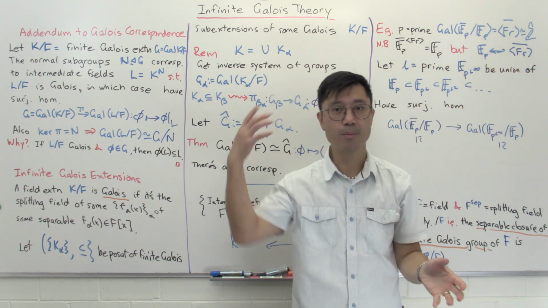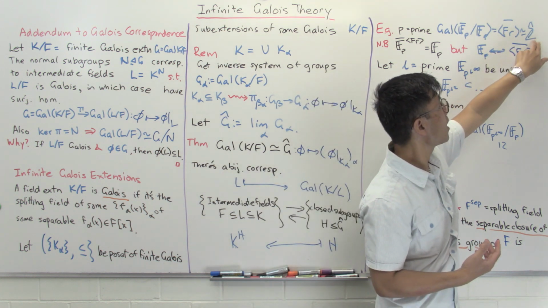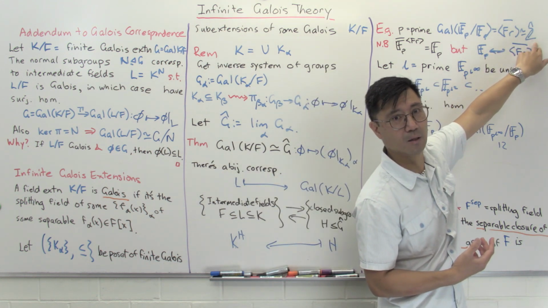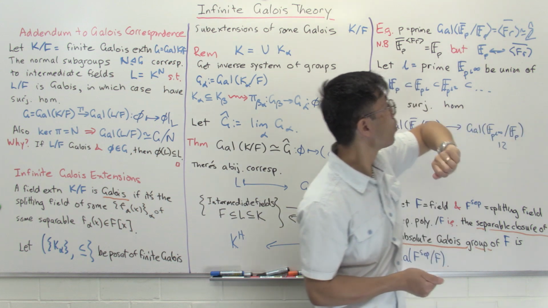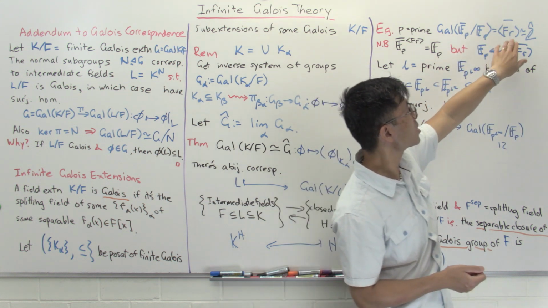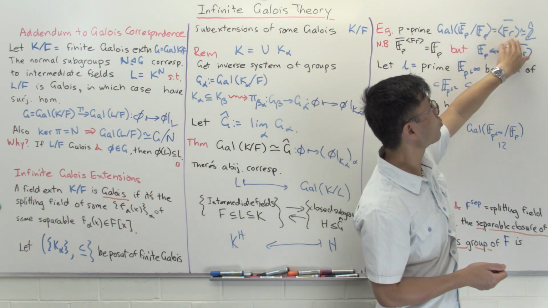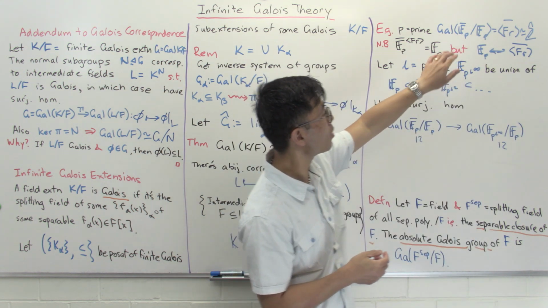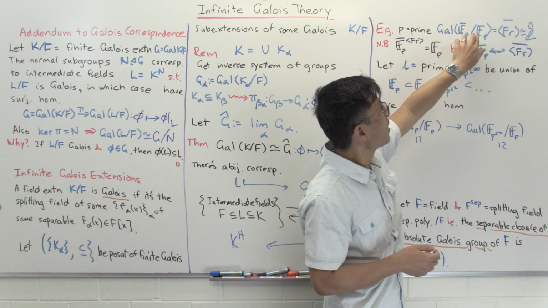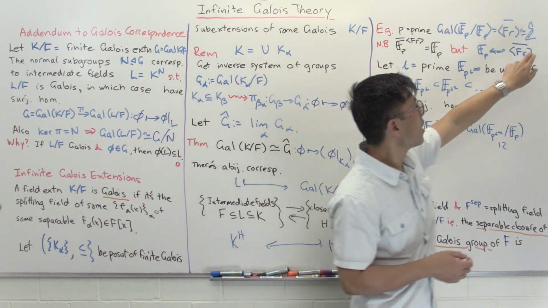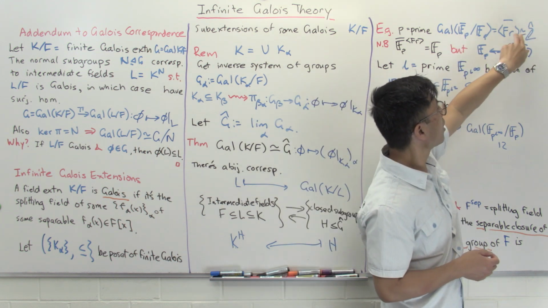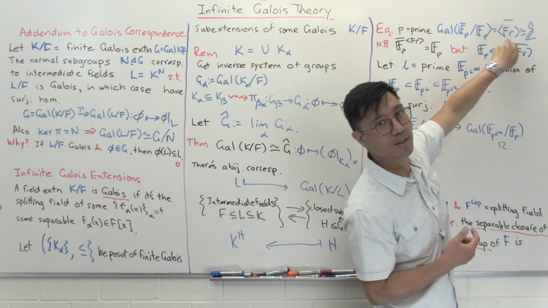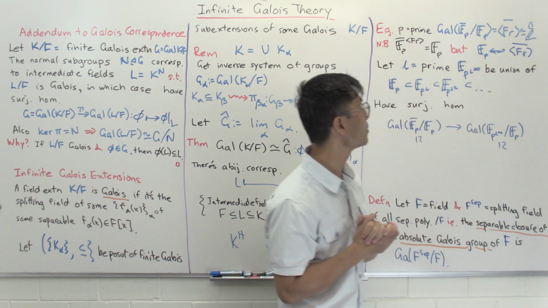When you take the inverse limit of that, we've seen that it is just going to be Z hat. So this turns out to be the closure of the subgroup generated by the Frobenius. That's the Galois group of this infinite Galois extension: it's Z hat, topologically generated by the Frobenius map.